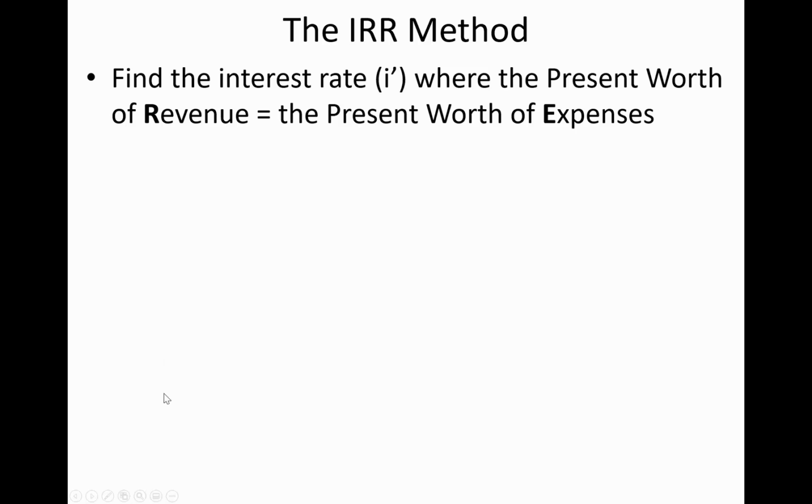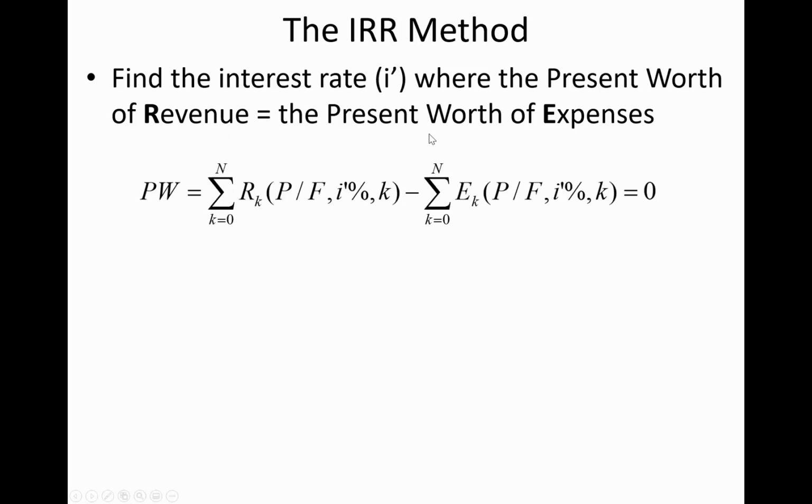So we're going to be solving for an interest rate where the present worth of the revenue equals the present worth of the expenses. Here's the formula that makes it seem more complicated than it actually is. I remember when I was a student, if I would have seen a formula like this, it would make me feel a little bit anxious because it just seems so complicated.